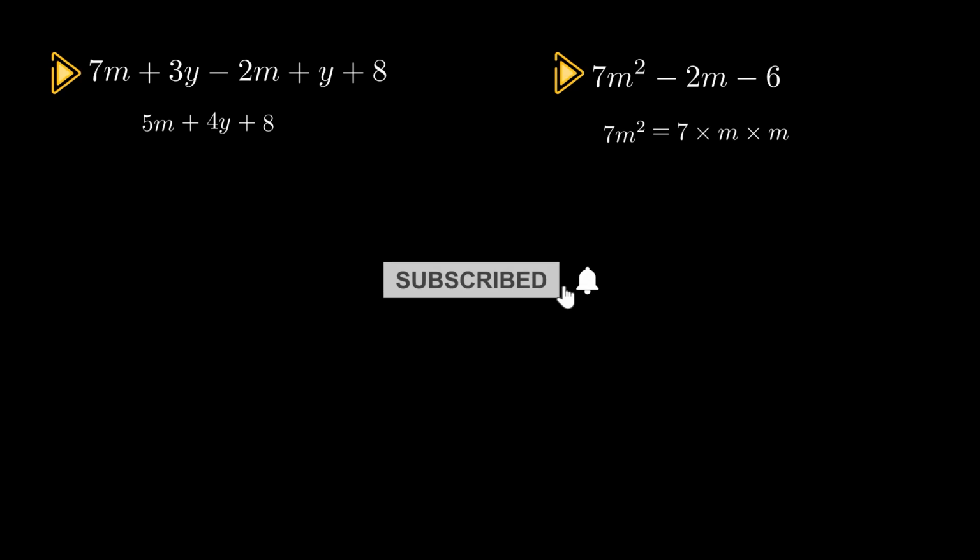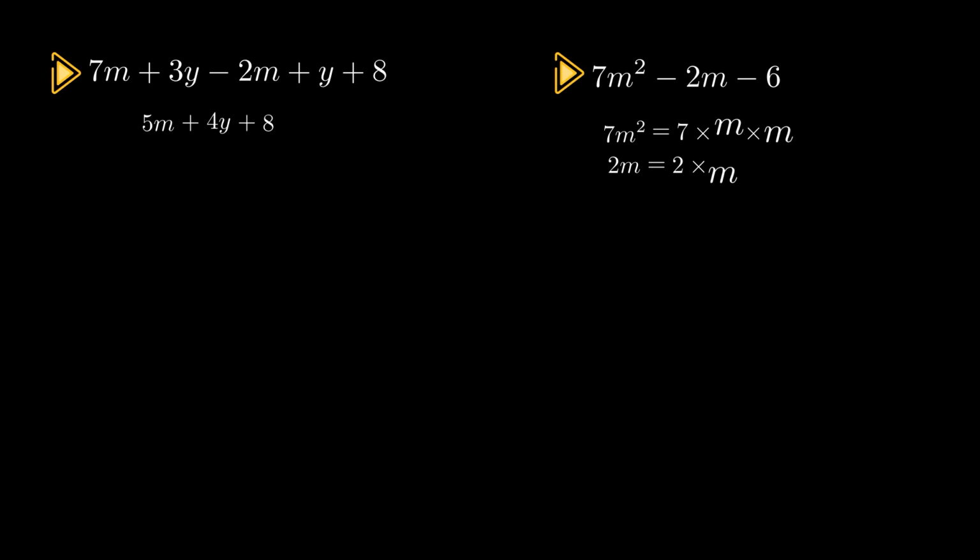Then we have negative 2m, which can be written as negative 2 times m. And finally, we have negative 6, which is a constant. In order to combine like terms, the variables have to be exactly the same. So negative 2m cannot combine with 7m squared because 7m squared really means 7 times m times m. So the terms are not alike.